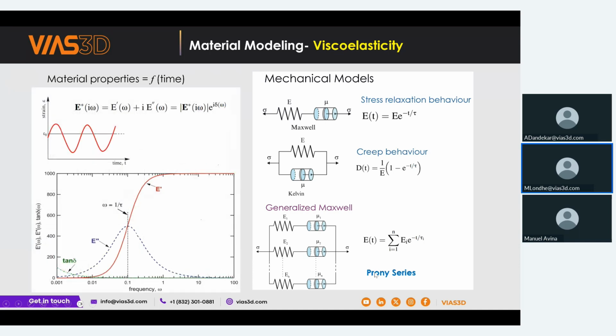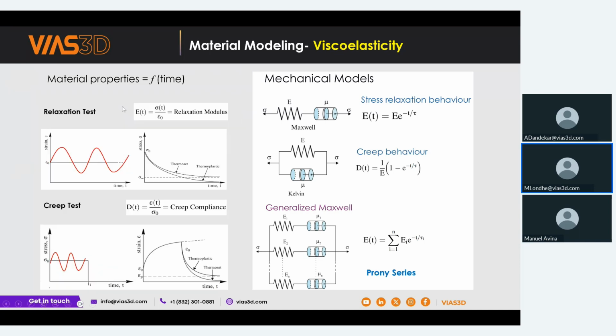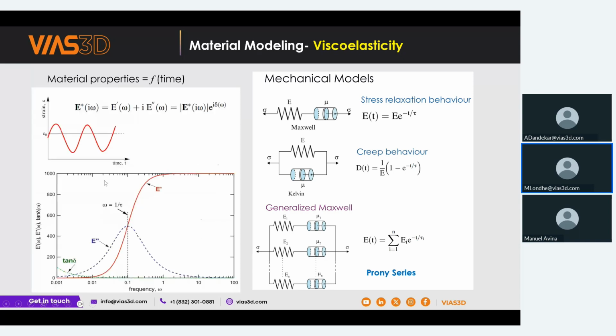Now there is another approach. Suppose someone is interested in how the viscoelastic material behaves under dynamic loading. In such a case, a dynamic strain, a sinusoidal or fluctuating strain, is applied. Generally we get the complex modulus, which is a function of frequency.